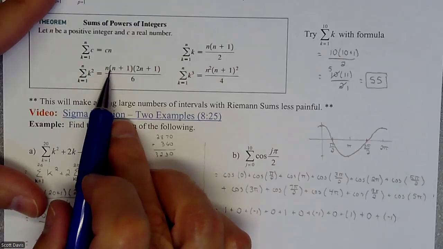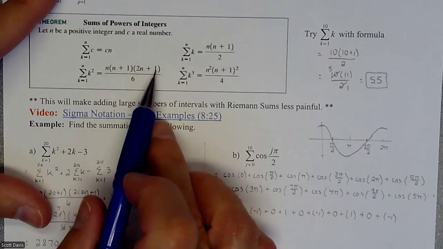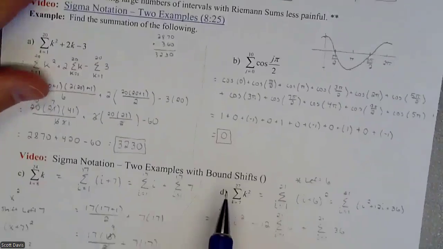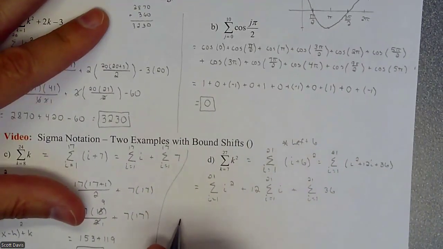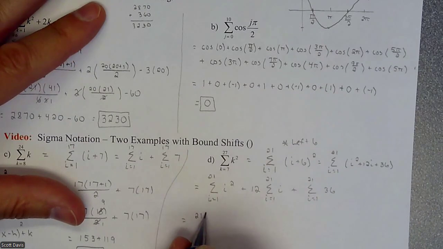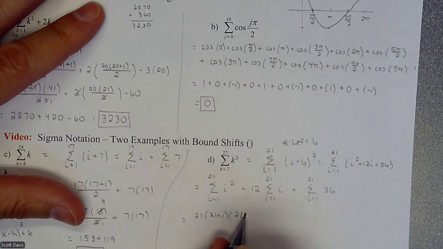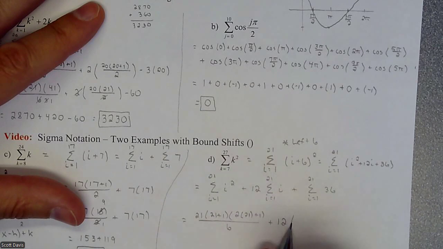So that's our formula. So I have n times n plus 1 times 2n plus 1, over 6. So my n is 21. So I'm going to have 21, and then it was n plus 1. So 21 plus 1 times 2 times n plus 1, divided by 6, plus, I have a 12 in front of this whole thing.